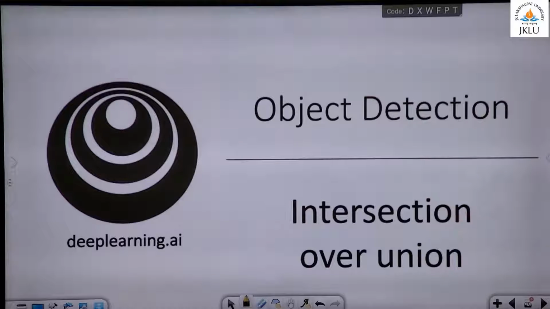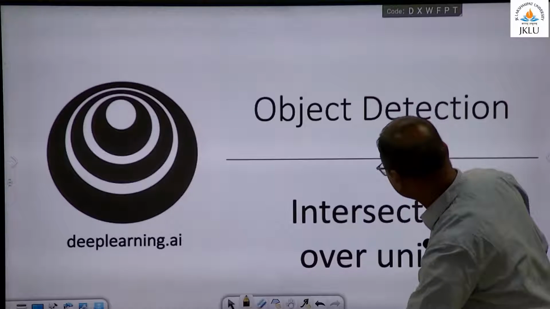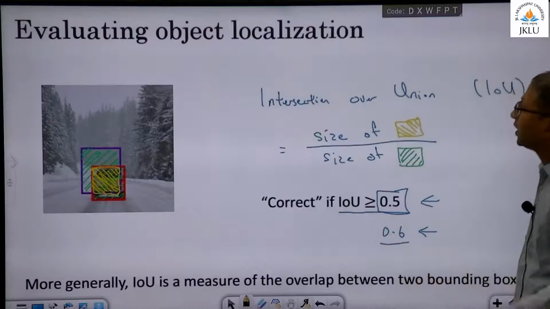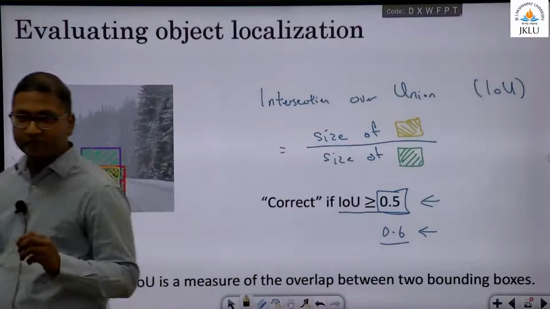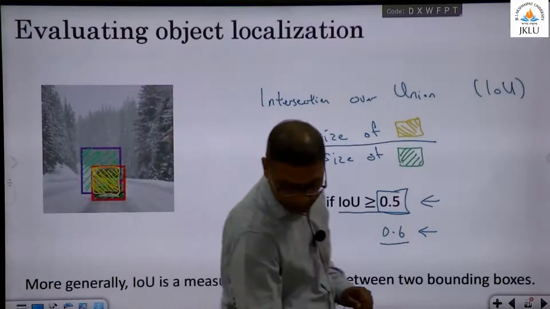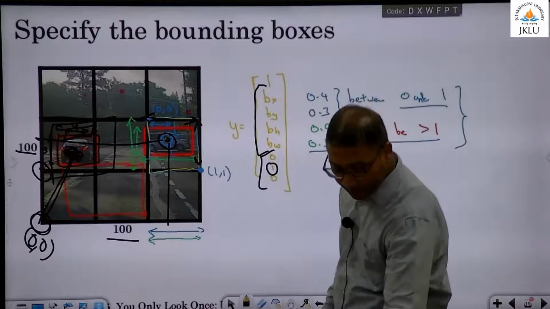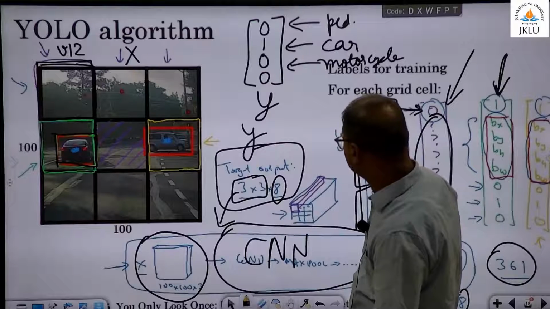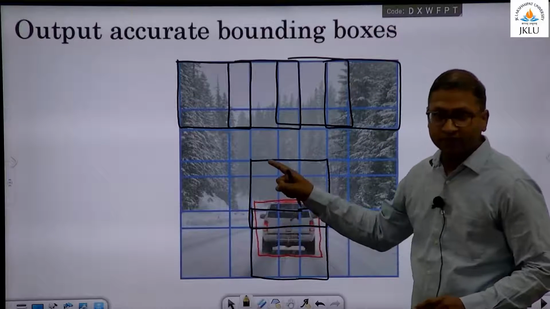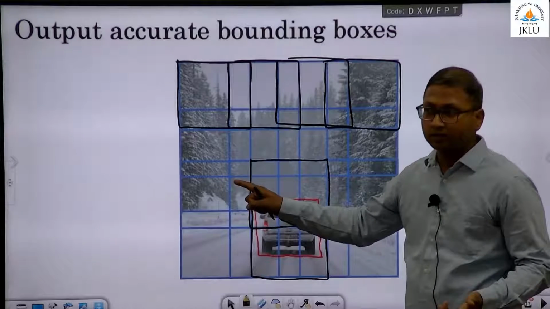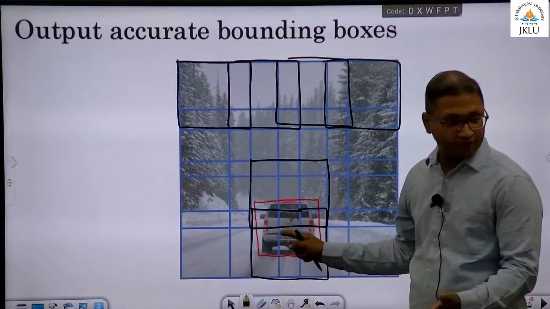So now we talk about IOU. So evaluating object localization. We have seen that I can have a situation in which no sliding window captures the object perfectly.